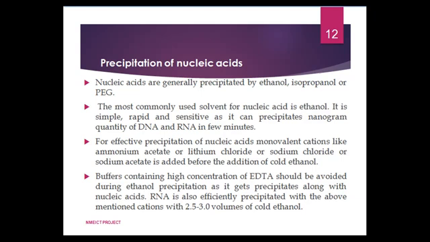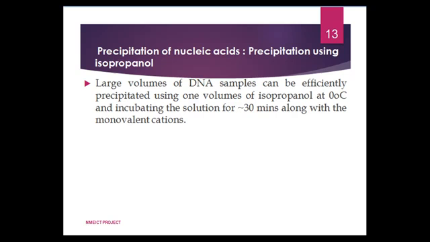Buffers containing high concentrations of EDTA should be avoided during ethanol precipitation, as it gets precipitated along with the nucleic acid. RNA is also efficiently precipitated with the above mentioned cations with 2.5 to 3 volumes of cold ethanol. Like proteins, there are different chemicals which can be used for the precipitation of nucleic acids.